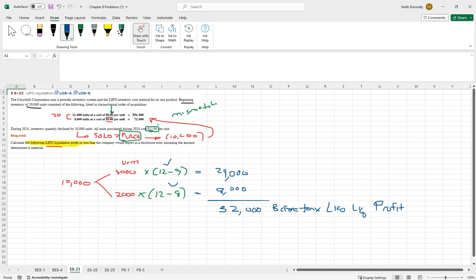So that's saying, would you do a footnote for this? What would you report in the disclosure note, the call of the question? It says in this case, the effect of the LIFO layer liquidation is to decrease the cost of goods sold and thereby increase the income before taxes by $32,000. Another way of saying it: the mismatch generated $32,000 of before tax profit.